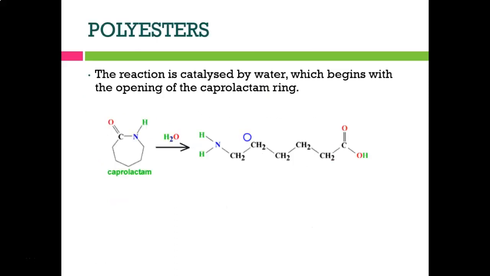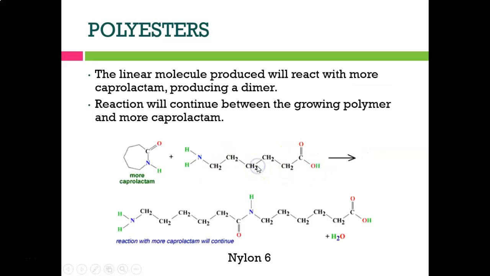This is the example of polyamide, and this reaction is catalyzed by water, which begins with the opening of the caprolactam ring. It means caprolactam is a type of polyamide, and it produces a byproduct during the reaction, and the water itself can react with the monomer back to produce nylon. The linear molecule produced will react with more caprolactam, producing a dimer.